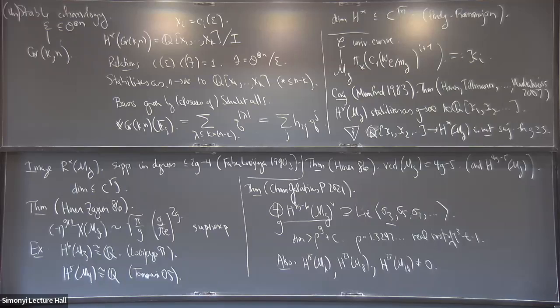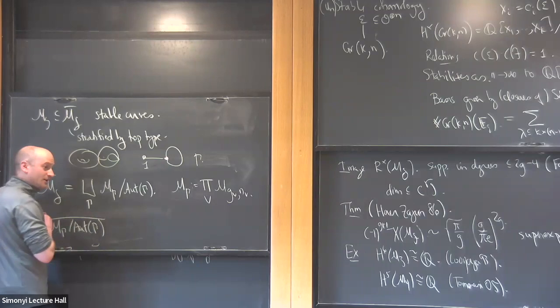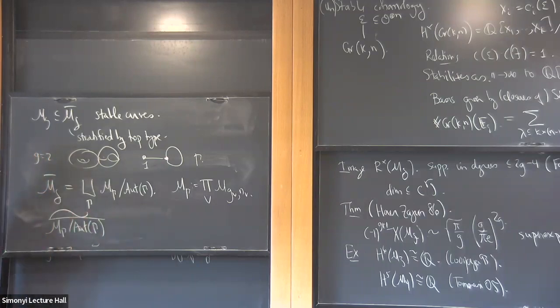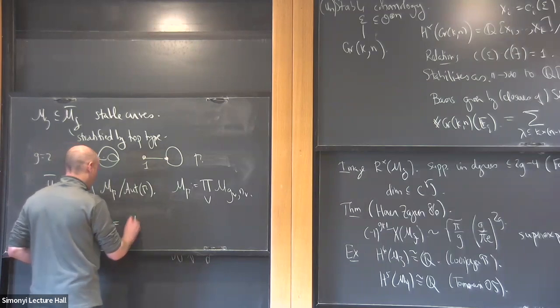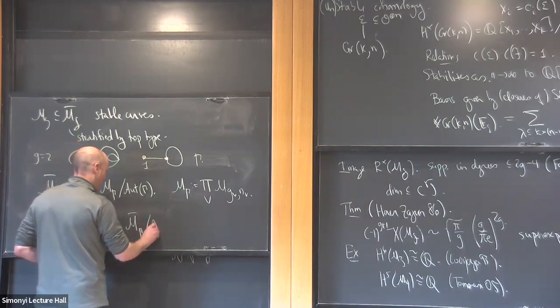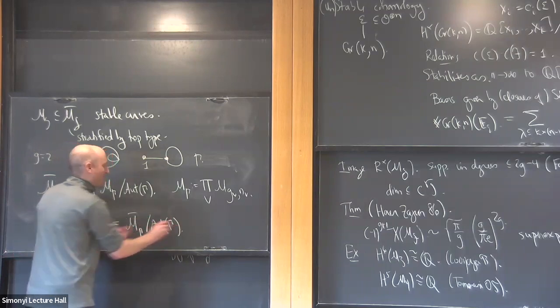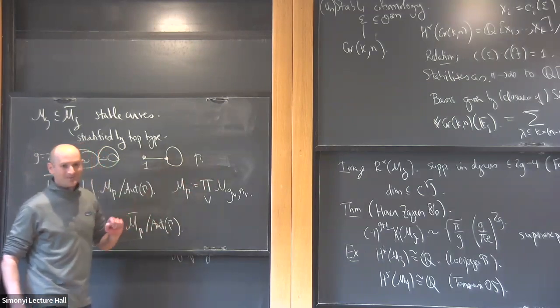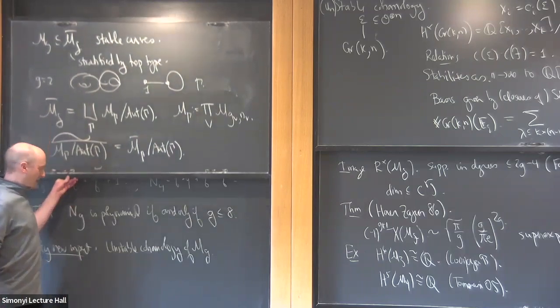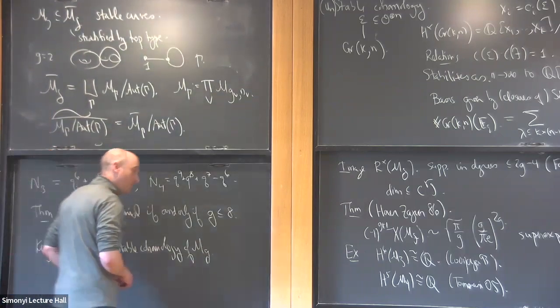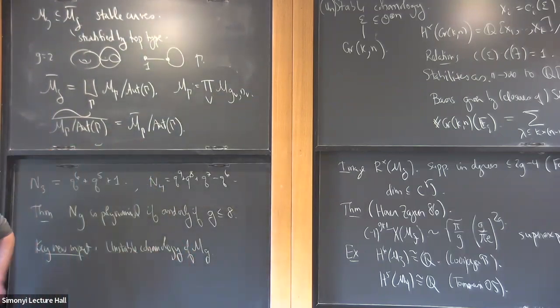Okay, so we're going to have to look at the normalization of the closure of M_gamma mod Aut(gamma). And this is M bar gamma mod Aut(gamma), where M bar gamma means put a bar here. So, a product of moduli spaces of stable curves quotiented by this finite group, the automorphism group of the graph.